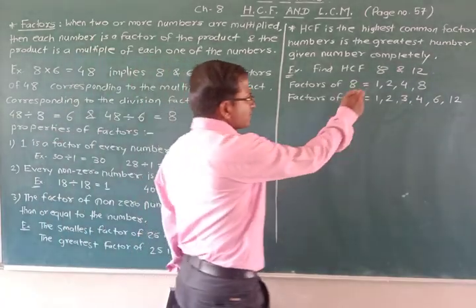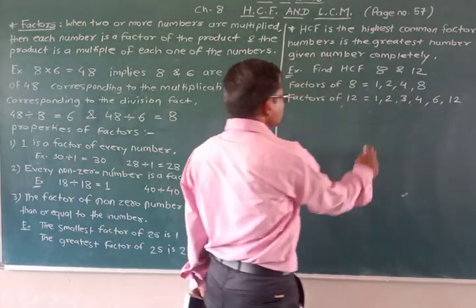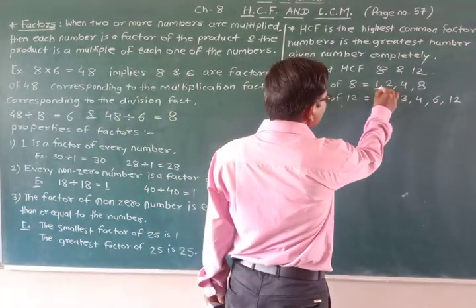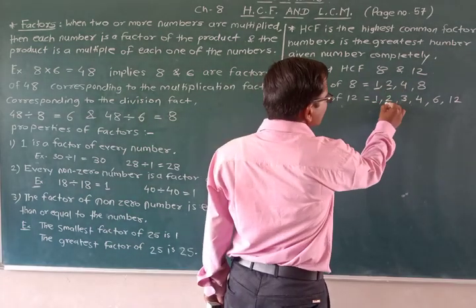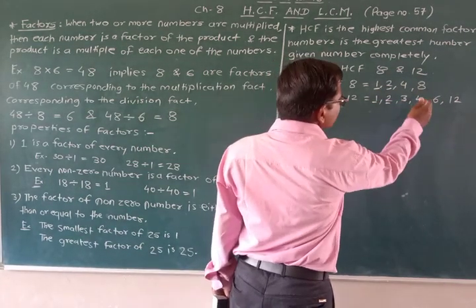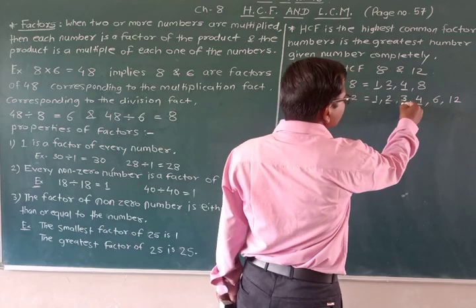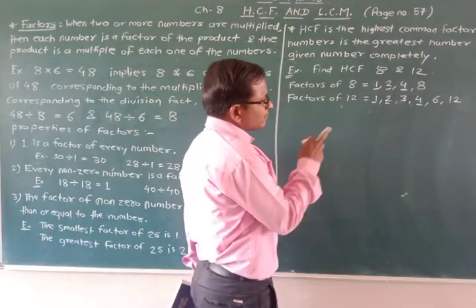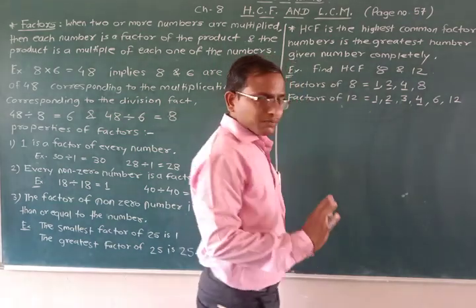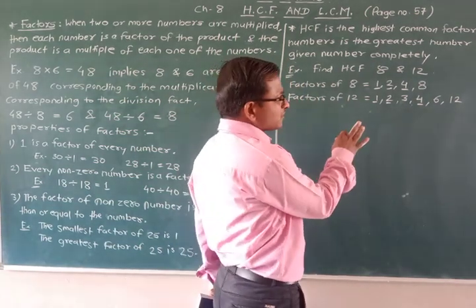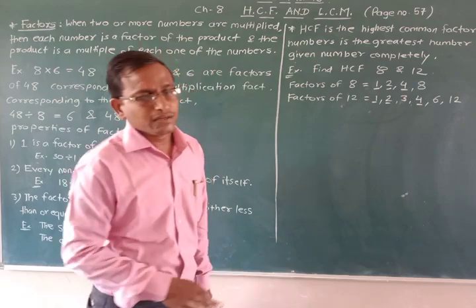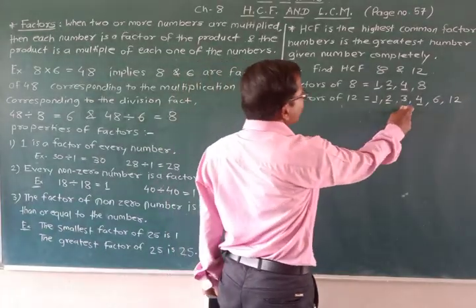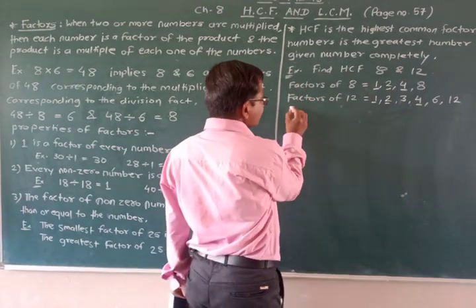So between these two numbers, which is the highest common factor? Common factors are 1, 2 and 4. Here 3 is not present, so there are only 3 common factors. Between these 3 numbers, which is the highest? 4 is the highest. So 4 is the highest common factor of 8 and 12.